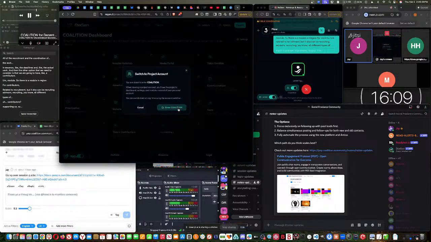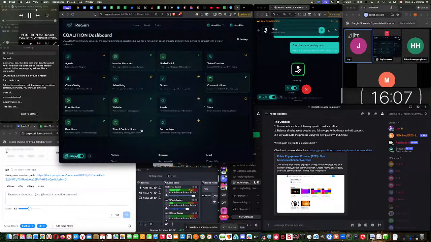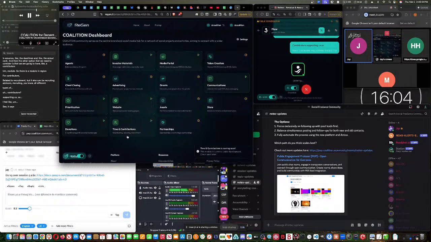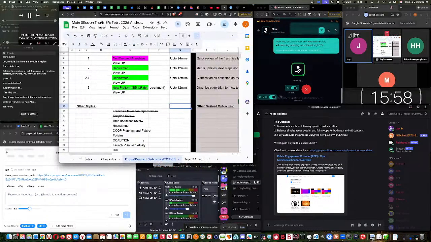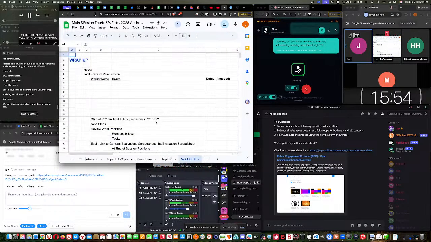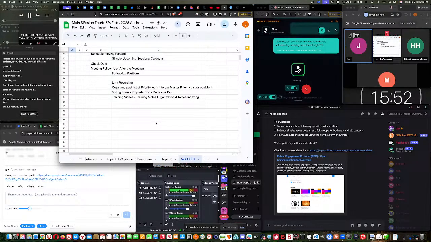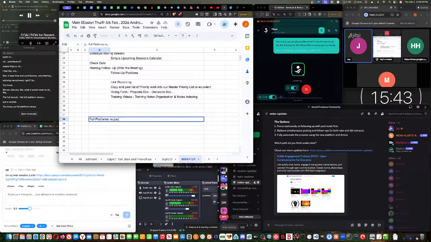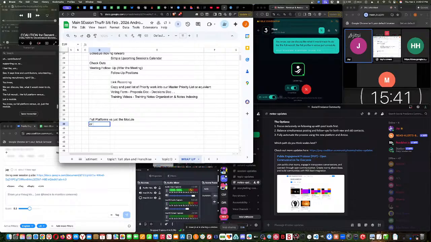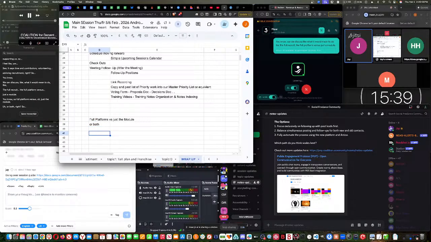See, it says time and contributors, volunteering, advising, recruitment, right? So we can discuss what it would mean to do the full platform versus just a module, or both, right?